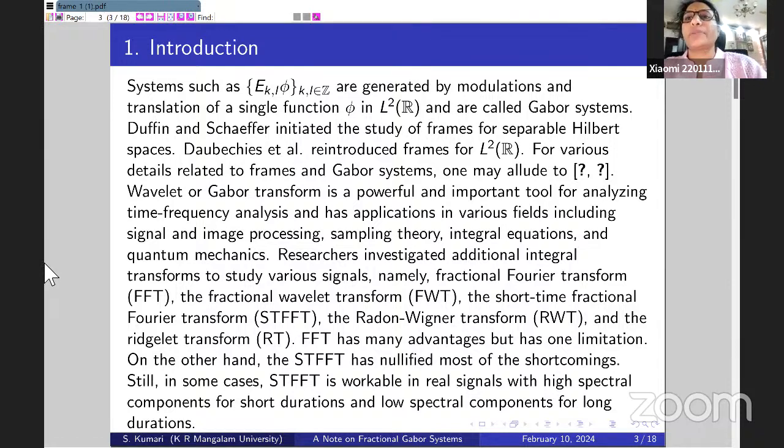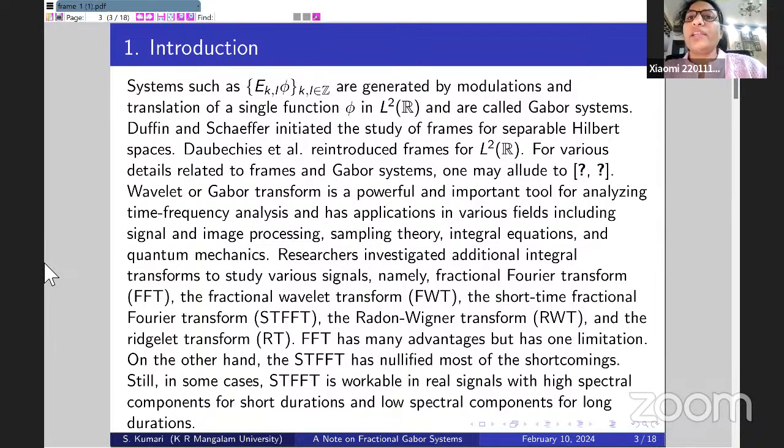These are called Gabor systems. Duffin and Schaeffer initiated the study of frames for separable Hilbert spaces, and then Daubechies and others reintroduced frames in L2R.